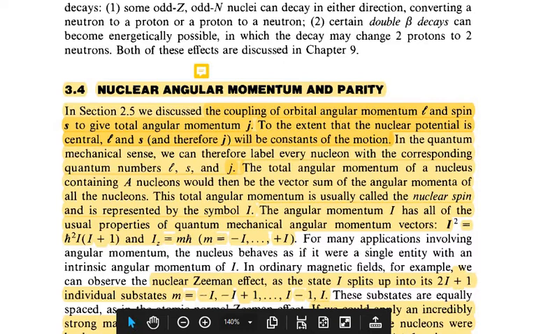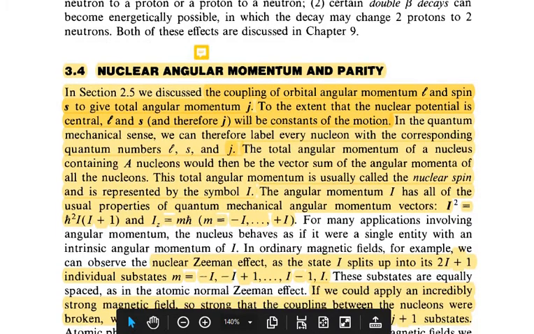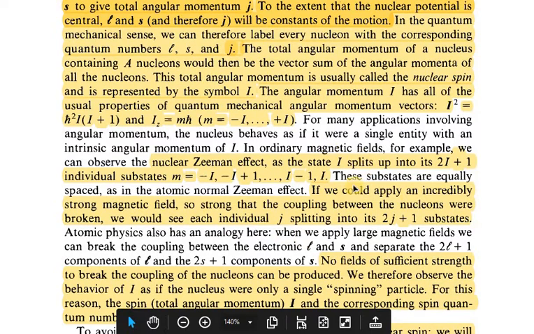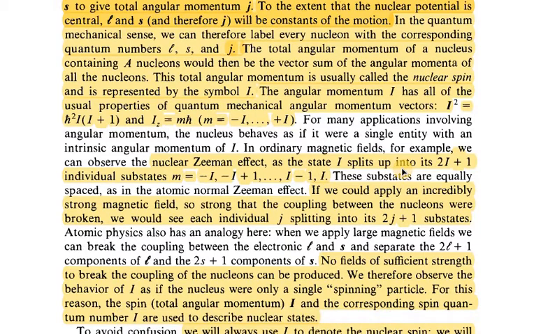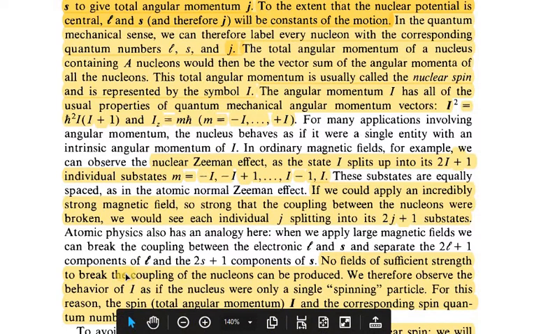We can also observe the nuclear Zeeman effect, the splitting of the angular momentum. When we place the nucleus in a magnetic field, the state I splits up into 2I plus 1 individual substates, where m goes from minus I to I. If we could apply an incredibly strong magnetic field, so strong that the coupling between the nucleons were broken, we would see each individual J splitting into its 2J plus 1 states, but no fields of sufficient strength to break the coupling of the nucleons can be produced.